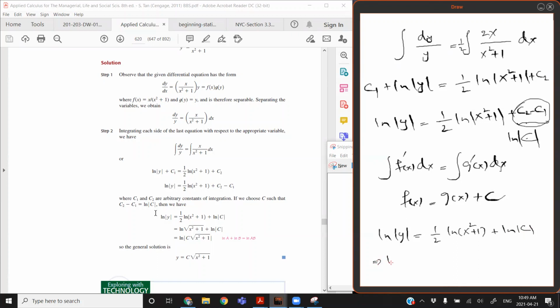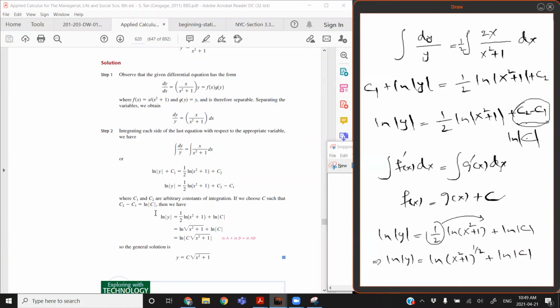So if I use the third property, you can see that this 1 over 2 can be moved here to the position of power. So it becomes ln of x squared plus 1 to the power of 1 over 2, plus ln of absolute value of c.